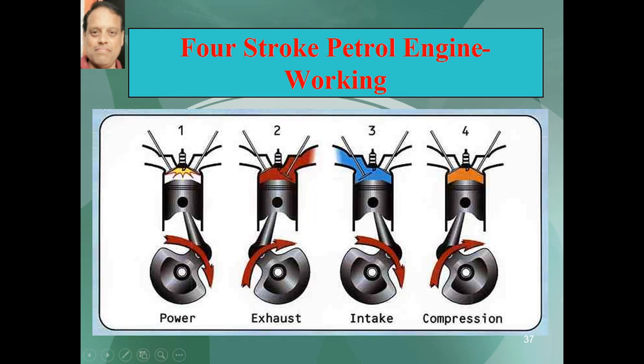Again, both the valves get closed when the piston is moving upward. Compression takes place. This is the time when we have to ignite the fuel. When the piston has almost reached the top of the cylinder, the compression is ready to make the combustion process effective.